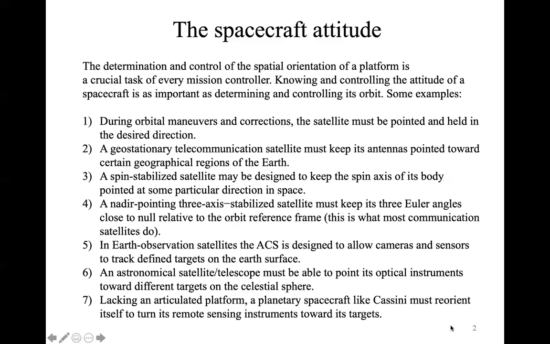In space, you can find multiple examples of that. All spacecraft need to control their attitude. If you have a telecommunication system, you want to orient your antennas towards the Earth to establish communication.